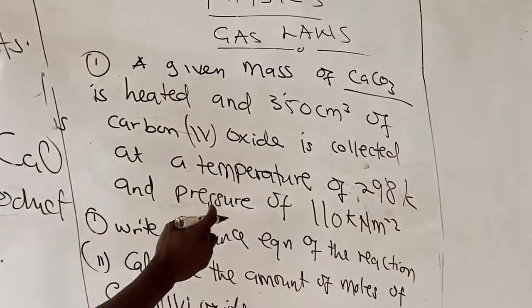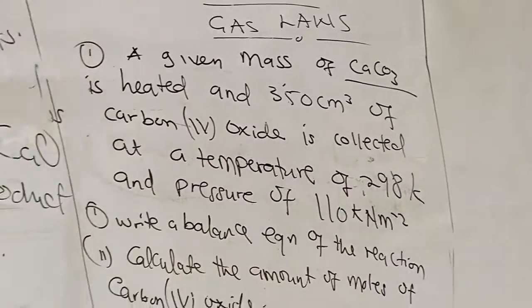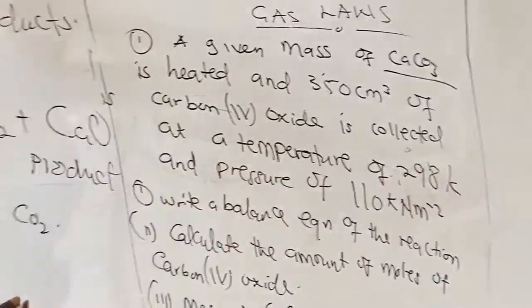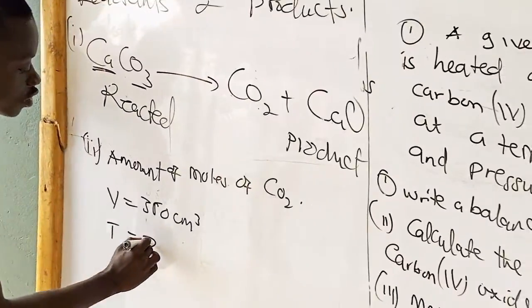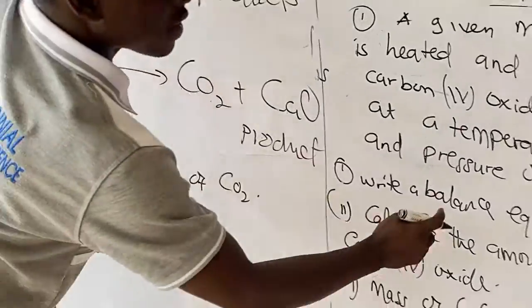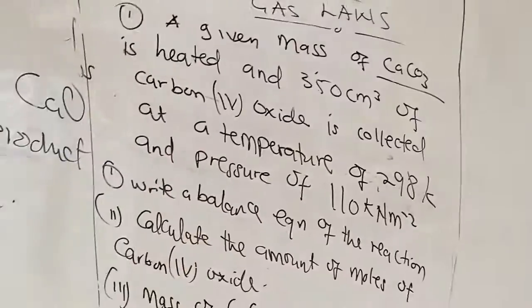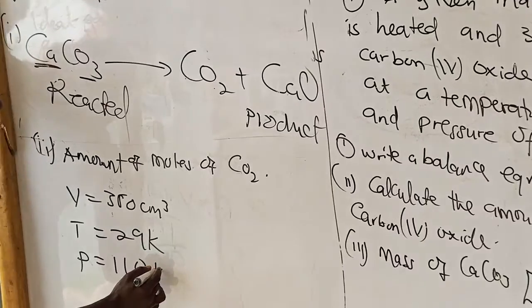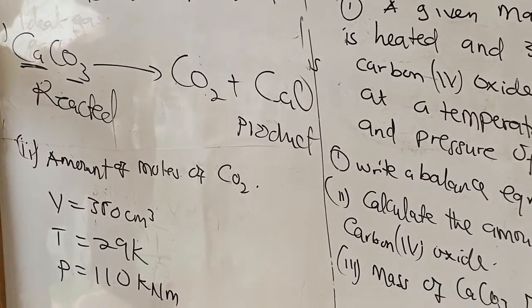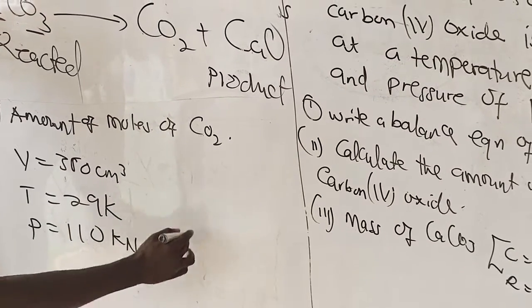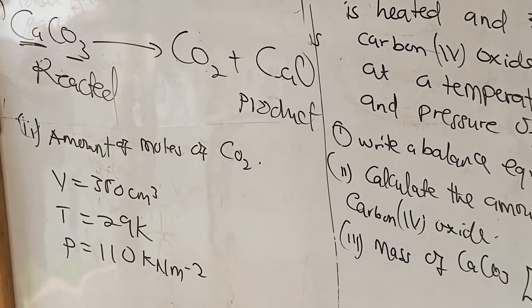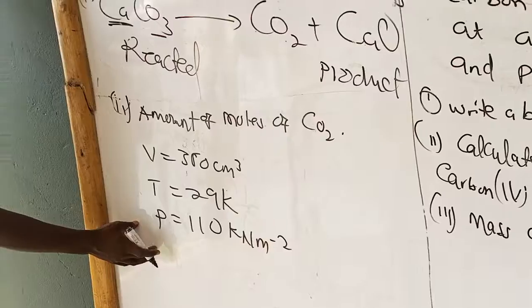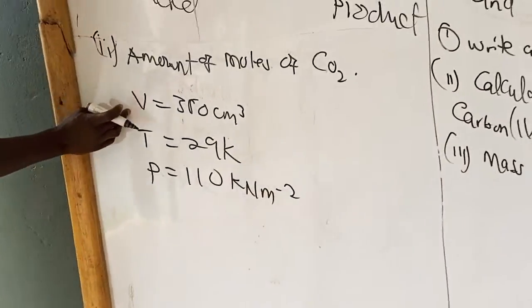They gave us temperature to be 298 K. They gave us pressure to be 110 kilonewton meter square. You get it?